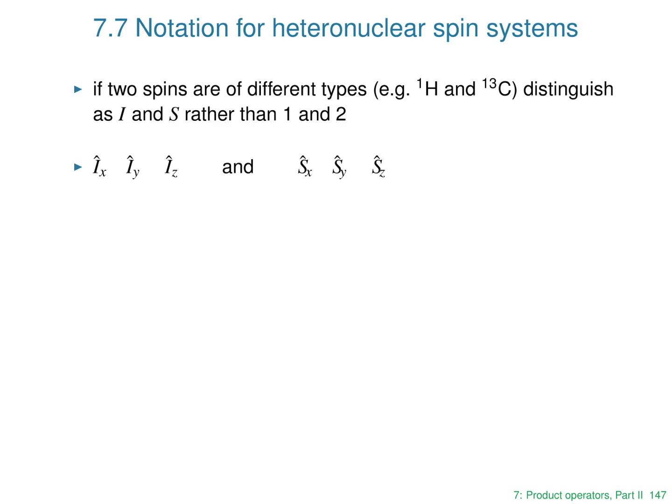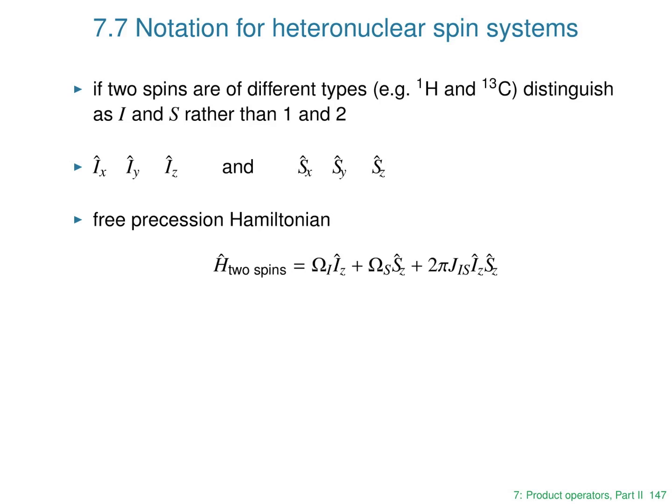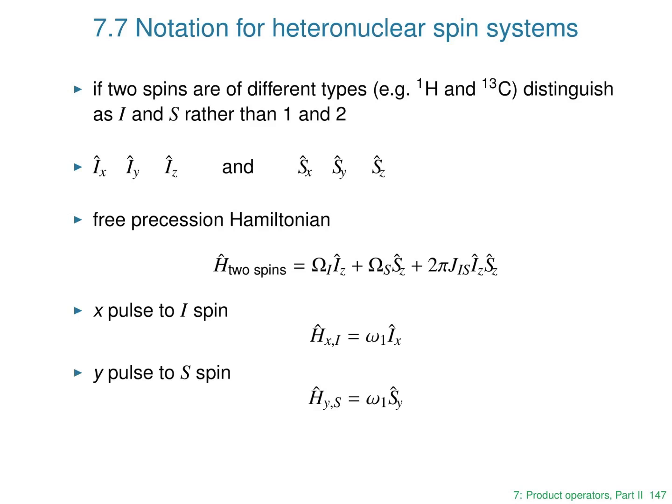So the operators are IX, IY, and IZ, and SX, SY, and SZ, rather than I1X, I2Y, I2Z, and so on. And again, the Hamiltonians rewrite, you've got omega I, IZ, omega S, SZ, and so on. And for the pulses, if it's a pulse to the I spin, it's with a term in I, and if it's a pulse to the S spin, it's with a term in S. Right? And this is just a change of notation. It doesn't alter the underlying process.